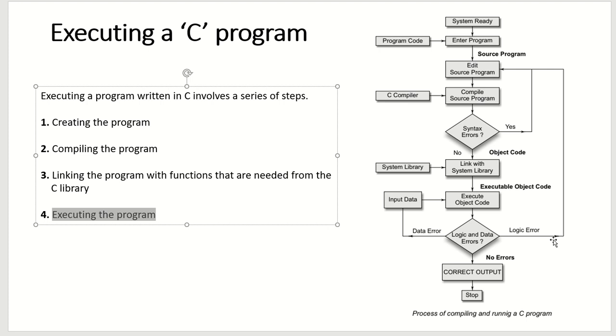If yes, then obviously for a logic error, you have to go back to your source program. But if it is a data error, go back to your input data, whatever you entered at the time of execution, which is probably incorrect. But if everything is correct, no errors, then obviously you will find the correct output and you stop.